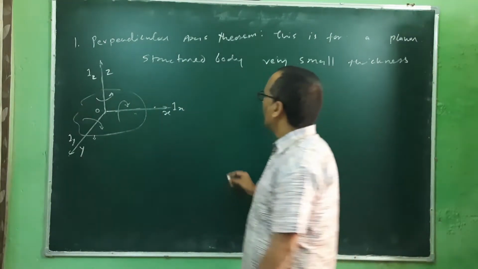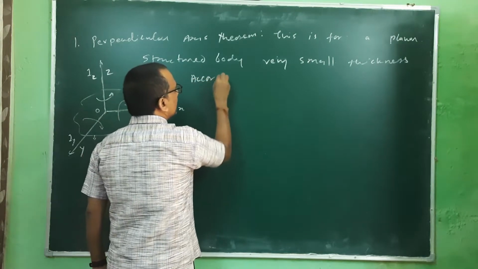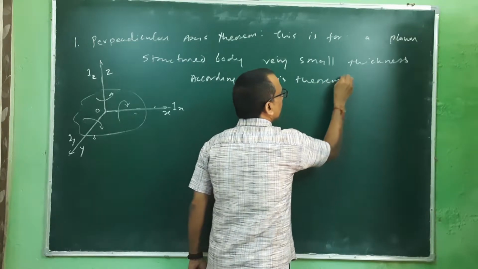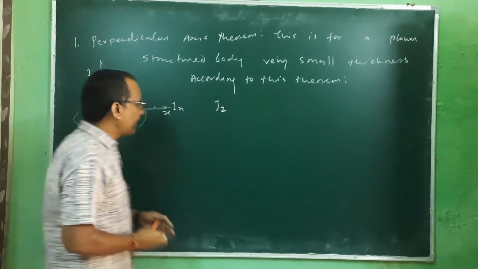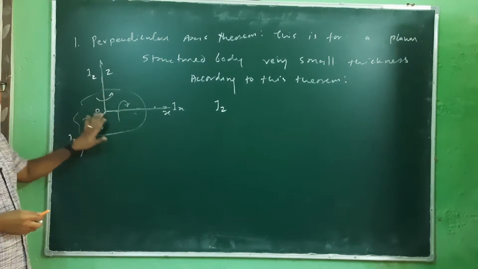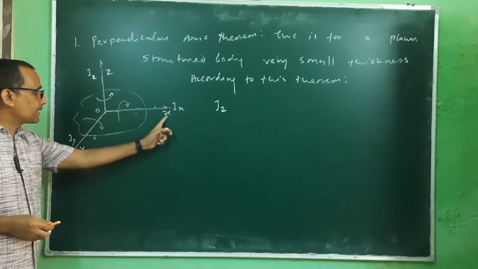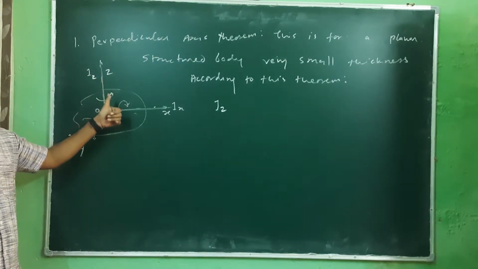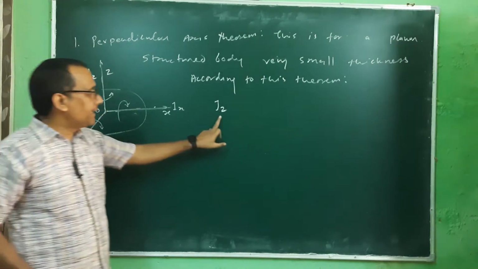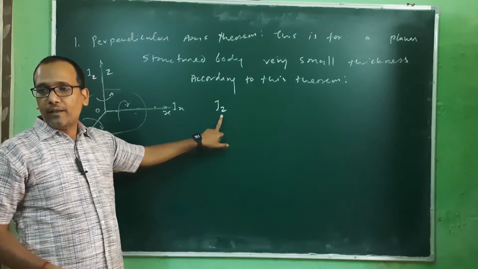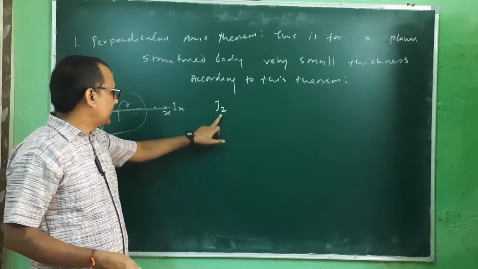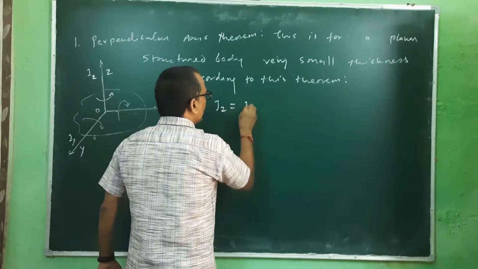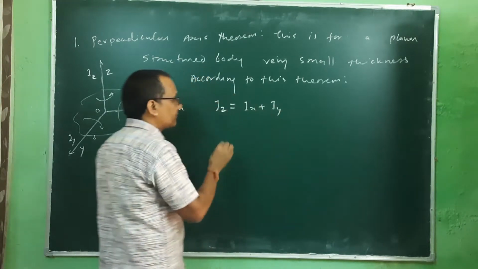And according to this theorem, this Iz, which is perpendicular, normal to this surface, where x-axis and y-axis lie on the plane and the z-axis is perpendicular to this surface, is the moment of inertia of that body about the z-axis, and this is equal to Ix plus Iy. This is the theorem.